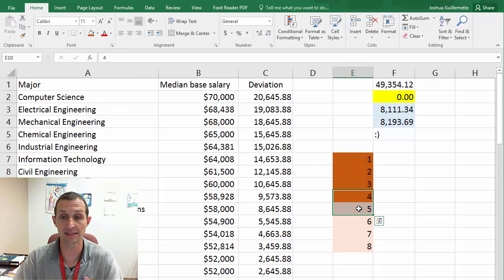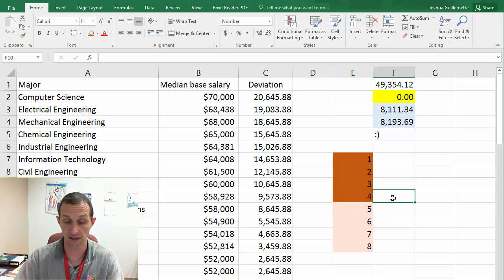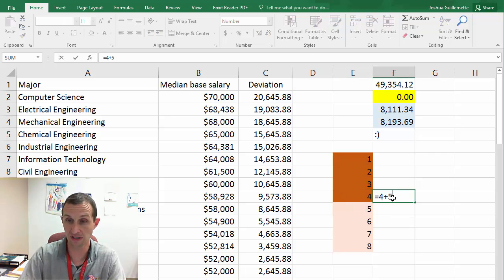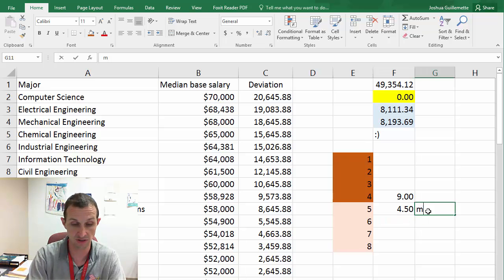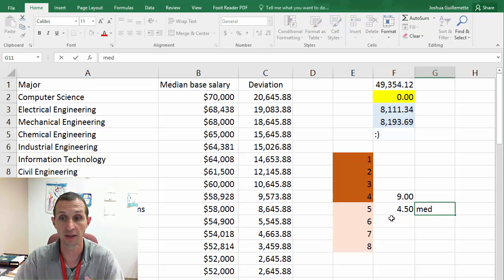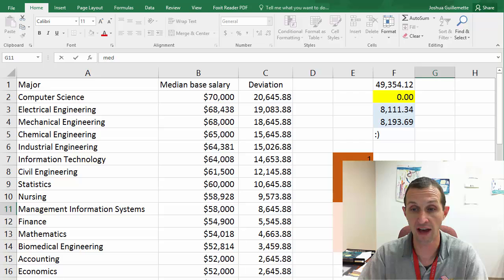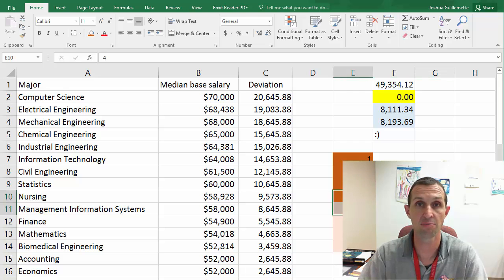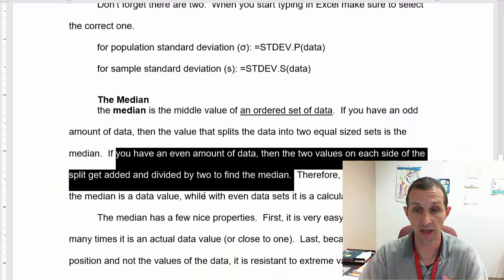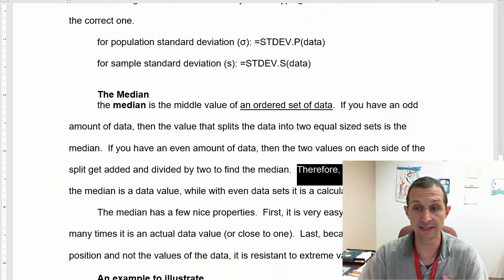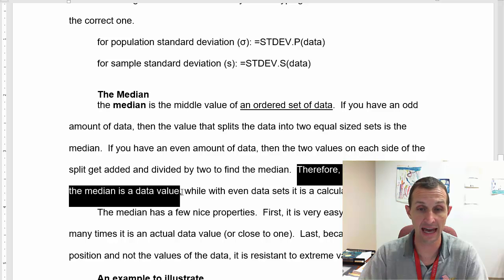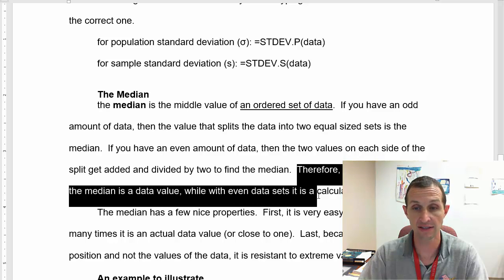So the median is in between the 4 and the 5, right? And so you take 4 plus 5 and add them together, and then you take that 9 and divide it by 2, and this is your median, okay? And so 4.5 is halfway between 4 and 5, and that bridges this split right here, okay? So therefore, with odd data sets, the median is a data value, while with even data sets, it is a calculated value, which I just showed you.